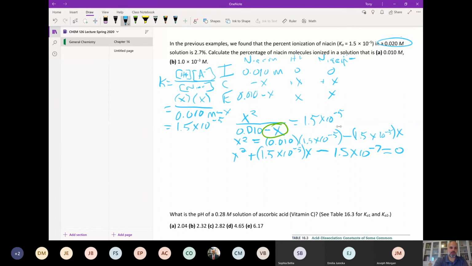I'm not going to solve all of this, but you end up with x equals minus 1.5 times 10 to the minus fifth plus or minus the square root of 1.5 times 10 to the minus fifth squared minus 4 times 1 times 1.5 times 10 to the minus 8, all divided by 2.